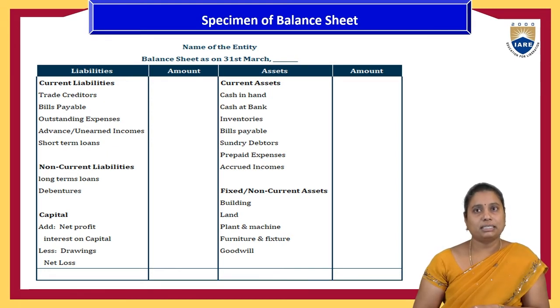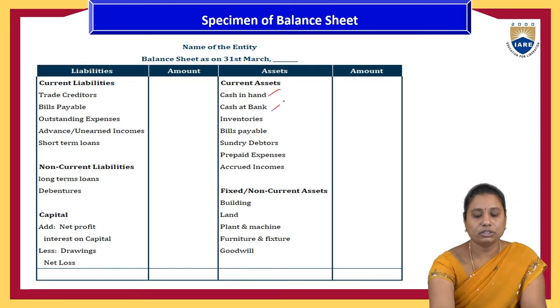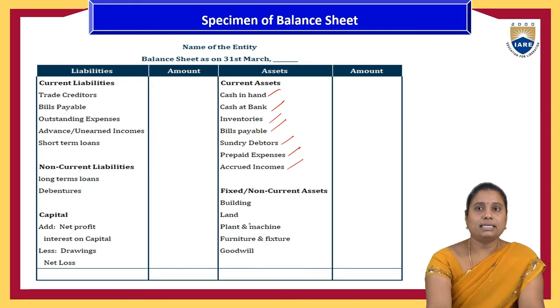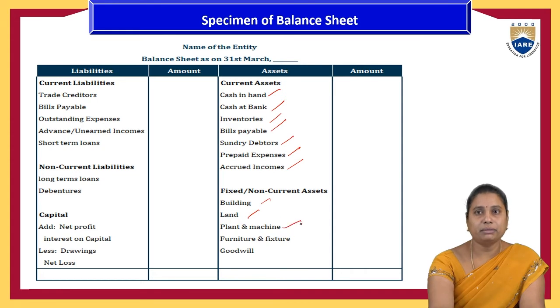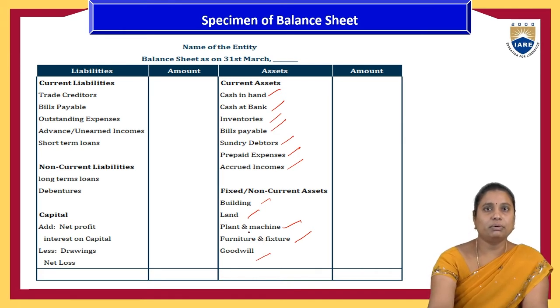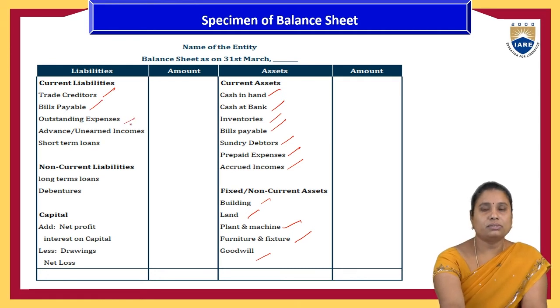Its pro forma: under current assets, cash in hand, cash at bank, inventories, bills receivable, sundry debtors, prepaid expenses, and accrued income. Under fixed assets, land, building, plant and machinery, furniture and fixtures, goodwill, etc. are considered. Whereas under current liabilities, trade creditors, bills payable, outstanding expenses, advances and unearned incomes, and short-term loans are considered.